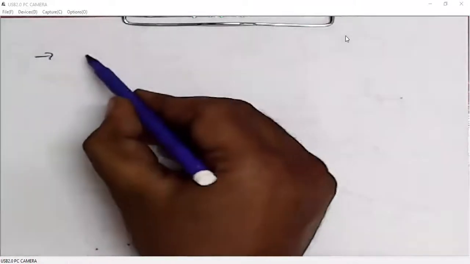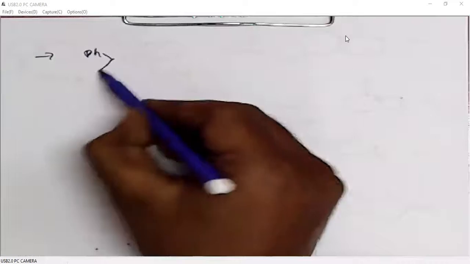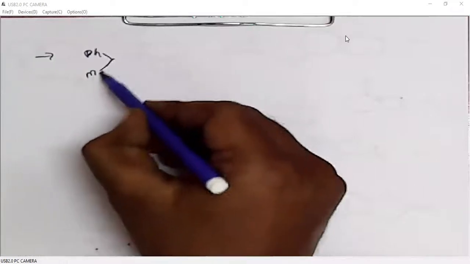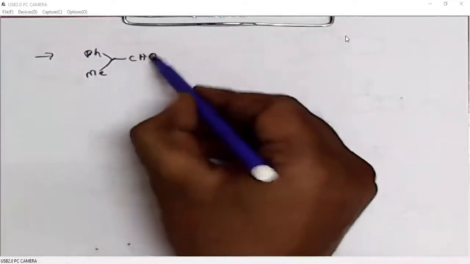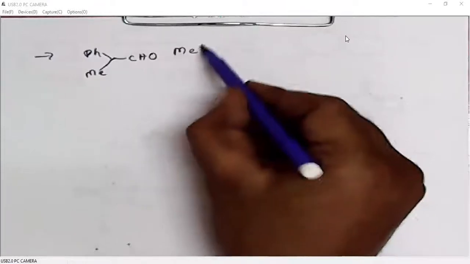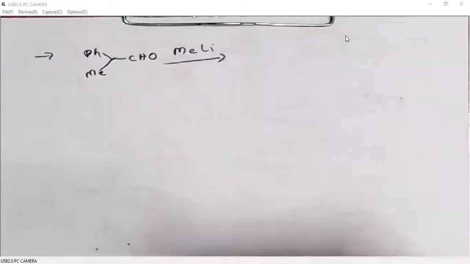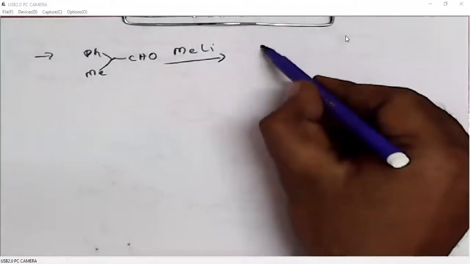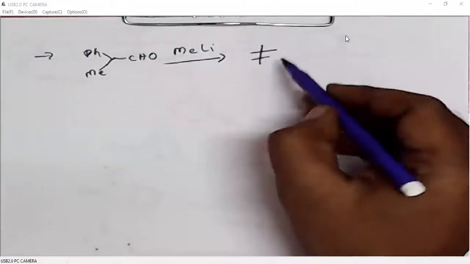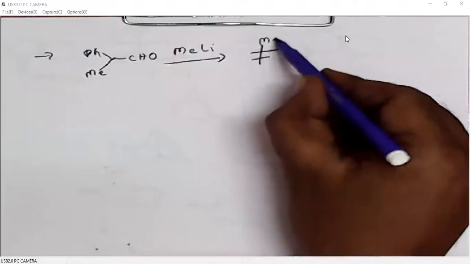Now we will look at an example which gives stereogenic centers when we add alkyl lithium. When we add methyl lithium to this, we can have two products.